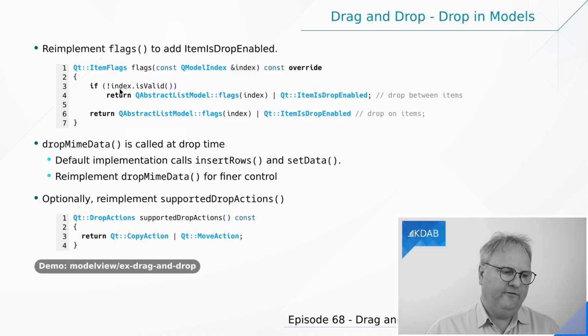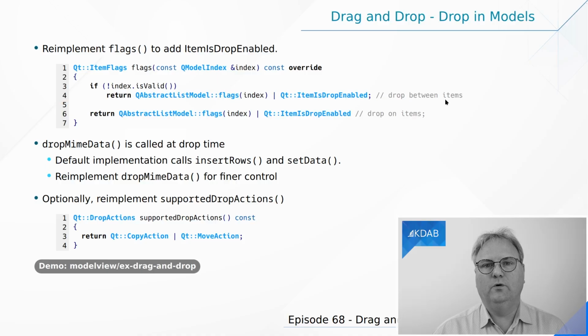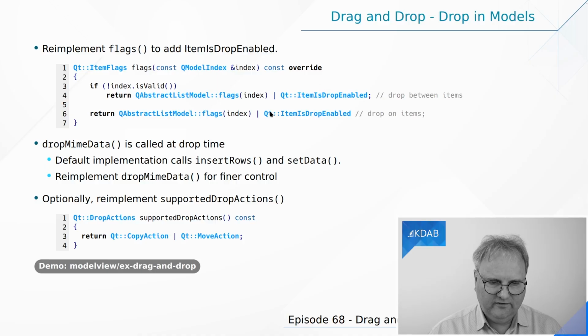So if the index is not valid, that means drop between the items or after the items. And if it is valid, it means drop on an item. So if I can only add items in between, then I would only have this one enabled. Or if I could only update existing items, I would only have this one enabled.